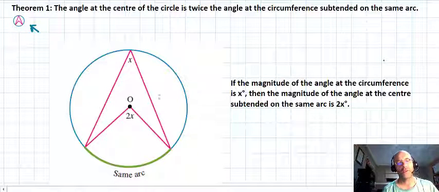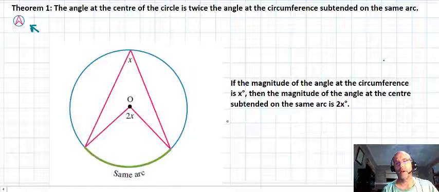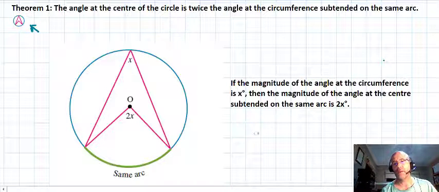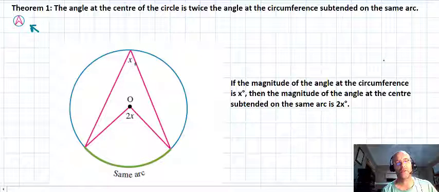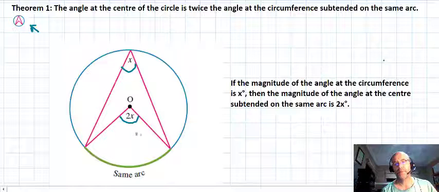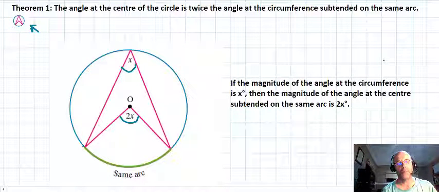If the magnitude of the angle at the circumference is x degrees, then the magnitude of the angle at the center, this corresponding angle here, is twice x. That's what we're going to prove. Notice how they're both subtended by this green arc.